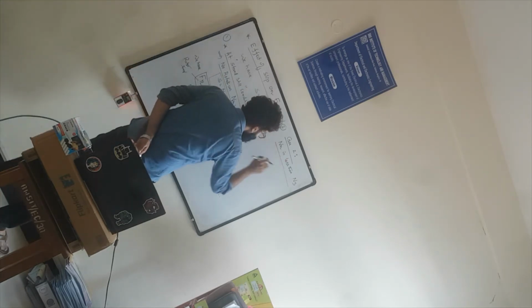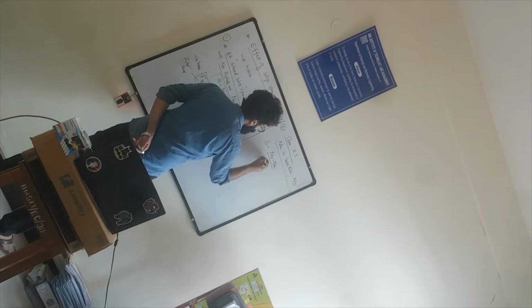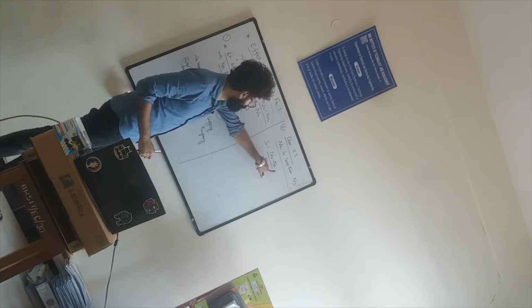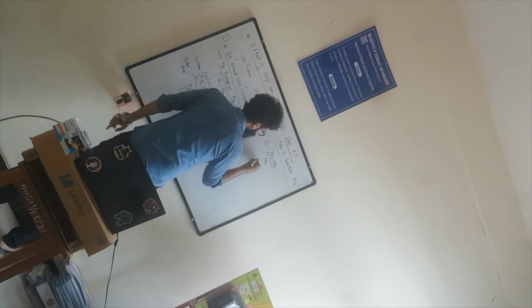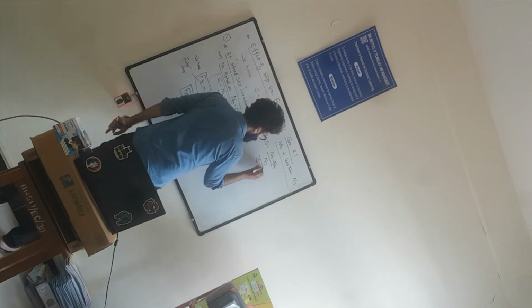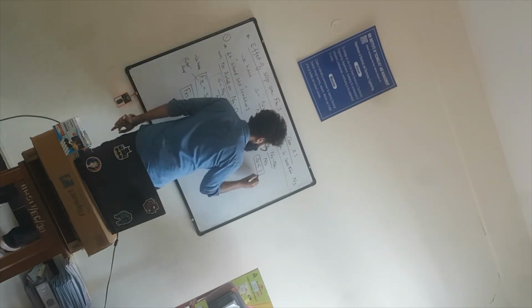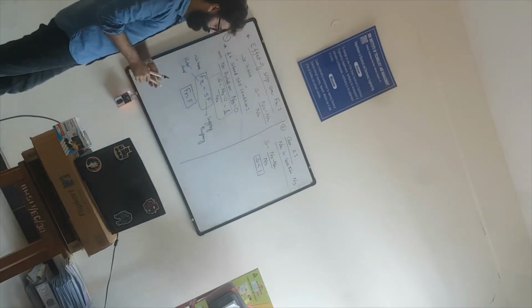So when NR is less than NS, what happens to slip? Slip is given as NS minus NR divided by NS. So when NR is less than NS, you will get a slip value less than unity.